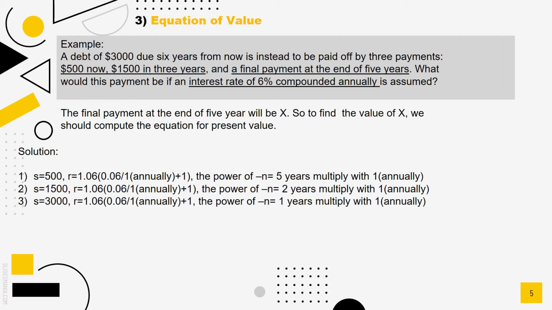So the second and third are the same way, to find the value. So we can simplify that for the equation.